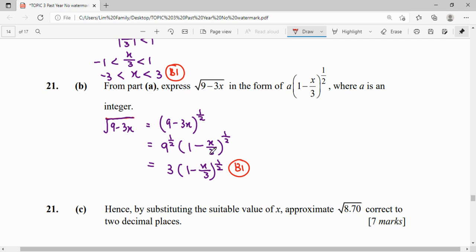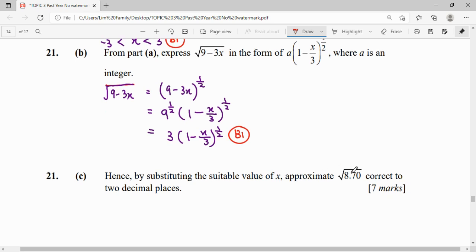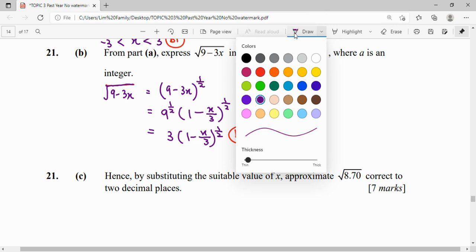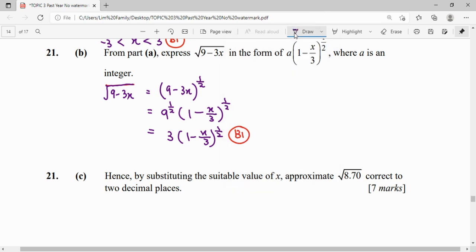Finally they say, hence, by substituting a suitable value of x, approximate this square root 8.70. So therefore, now I have to compare the square root of 8.70 to this expansion, this pattern, which equals the square root of 9 minus 3x.